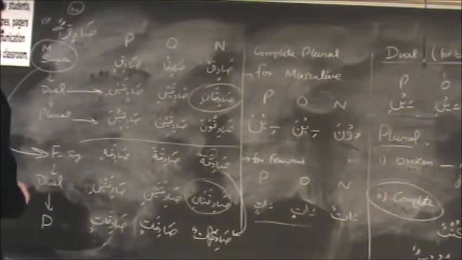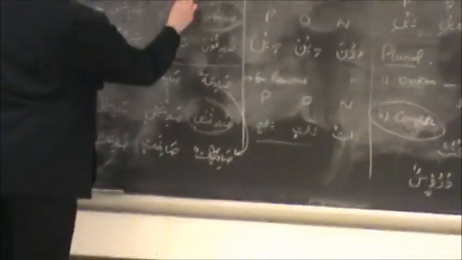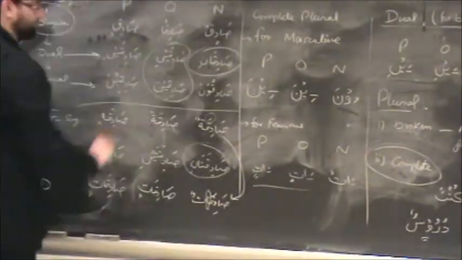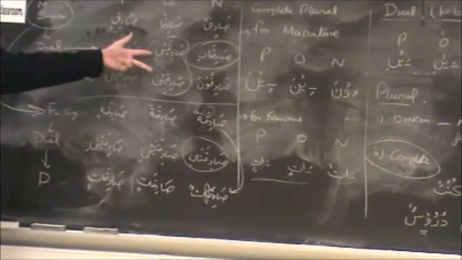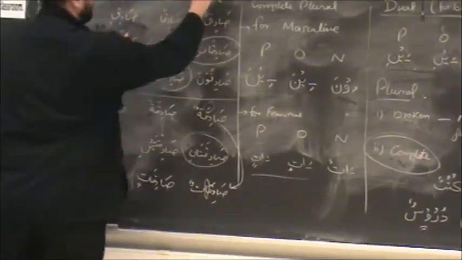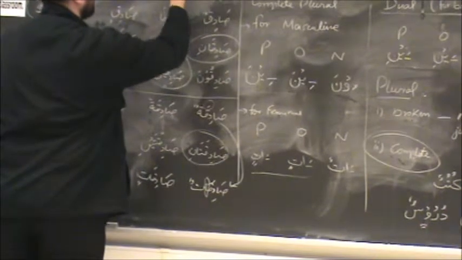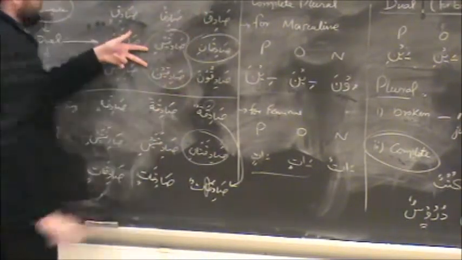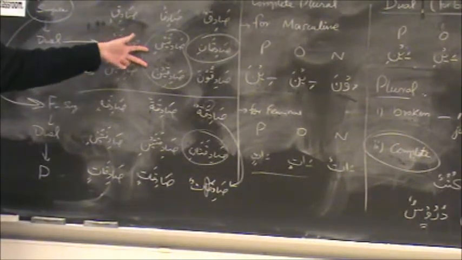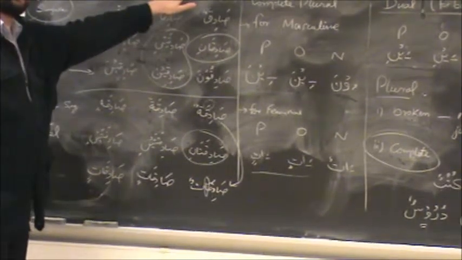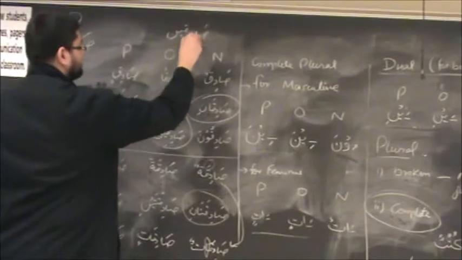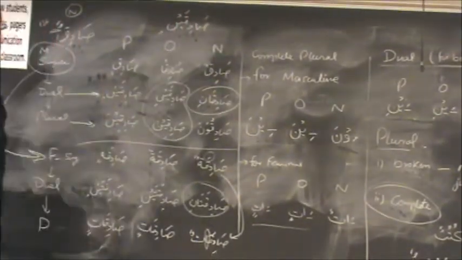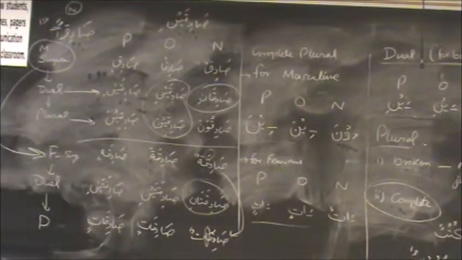Okay? And then we also said that if we take these two words, if I don't put harakat, they are both this. So if I say this, it means two truthful men.